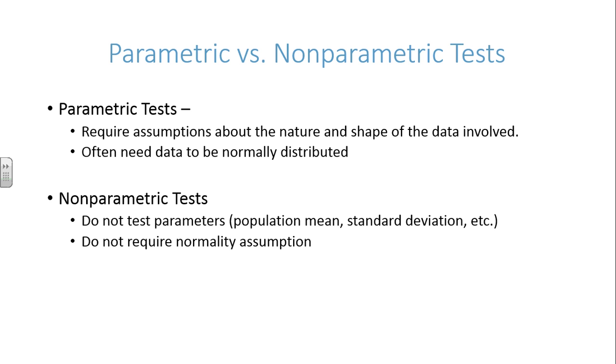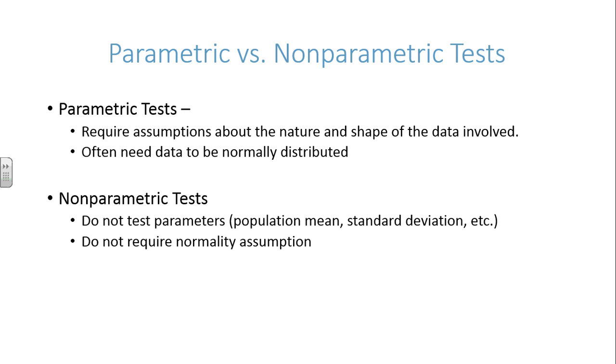These tests have fairly strict requirements about the nature and the shape of the data. Usually, the data needs to be normally distributed, or at least we have to have very large sample sizes so that the central limit theorem assumptions take place and the populations become normally distributed.